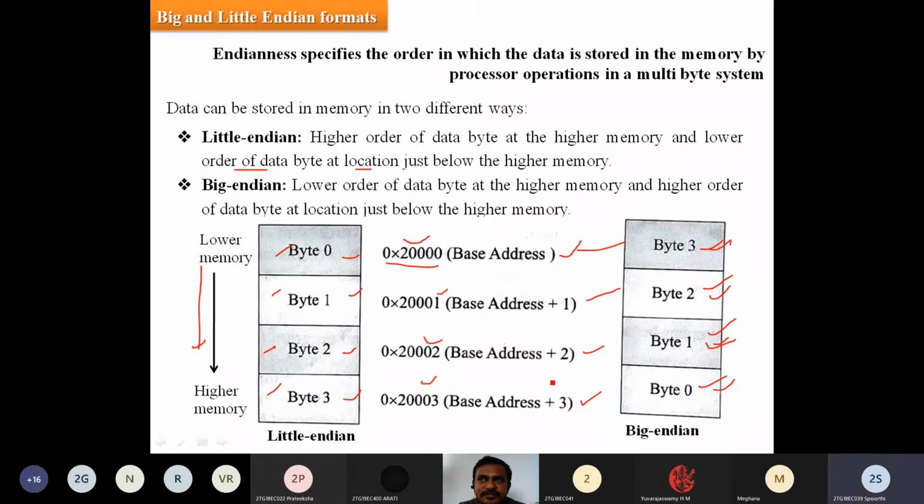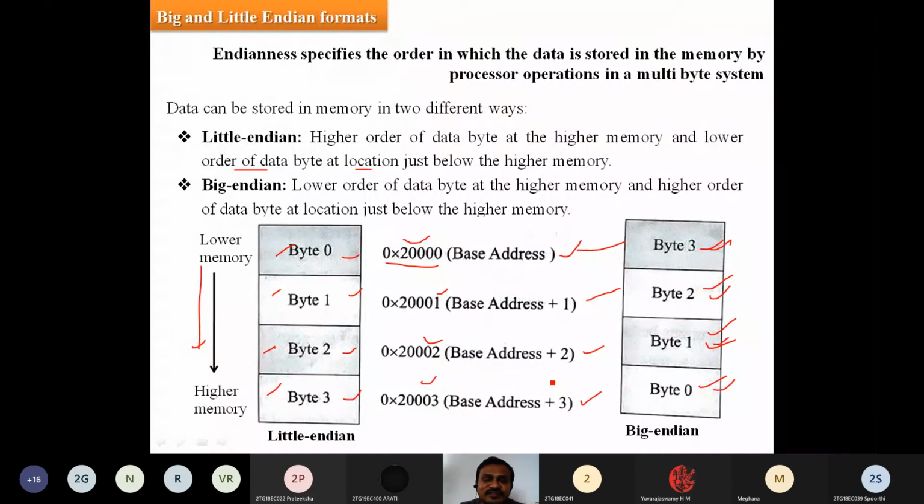From top to bottom, sir. Top to bottom you are going to allocate the memory locations. So top, let me tell you these words. Top means higher memory location. Bottom means lower memory location.